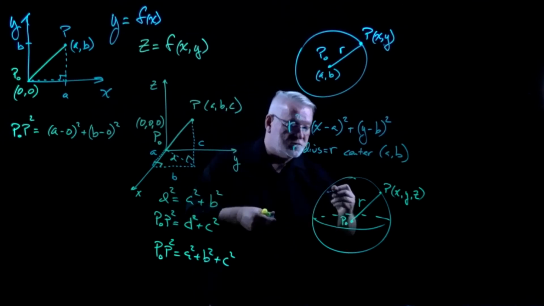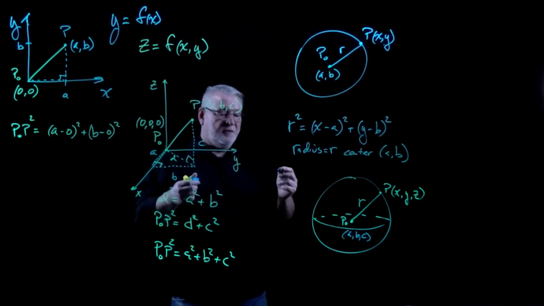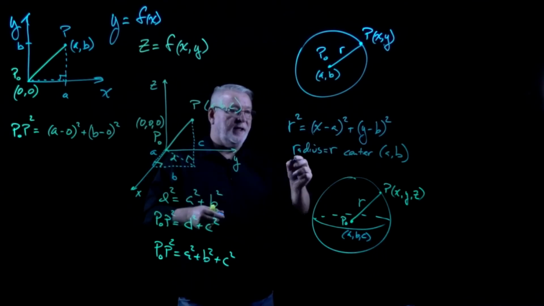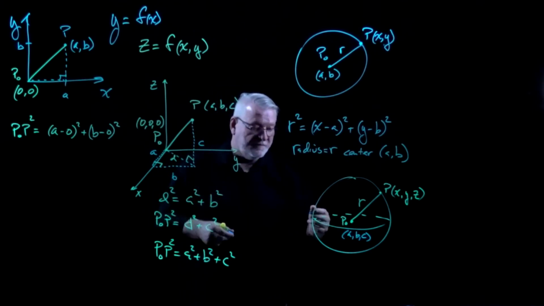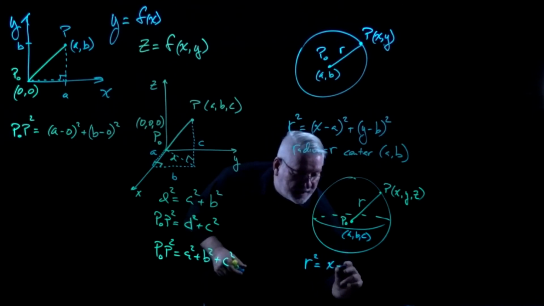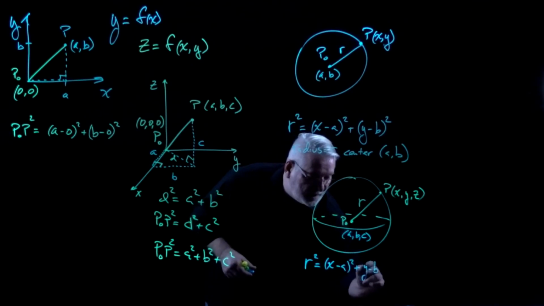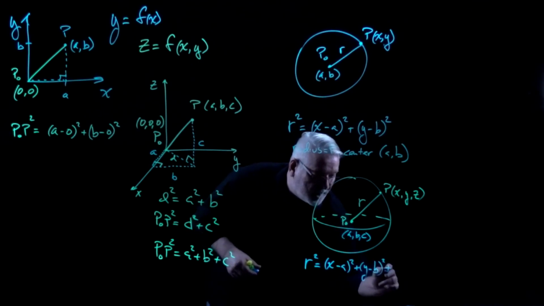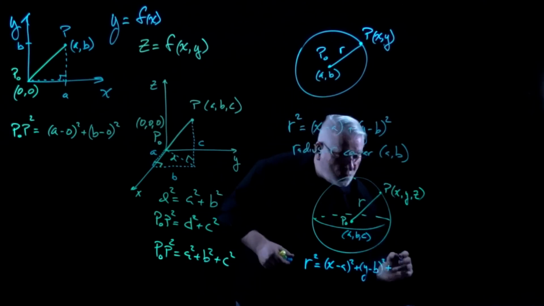Let's give P naught an address. I'll just keep using A, B, and C out of convenience. And of course, that means we'll end up with a formula for this 3D sphere of r squared equals x minus a squared plus y minus b squared plus z minus c squared.